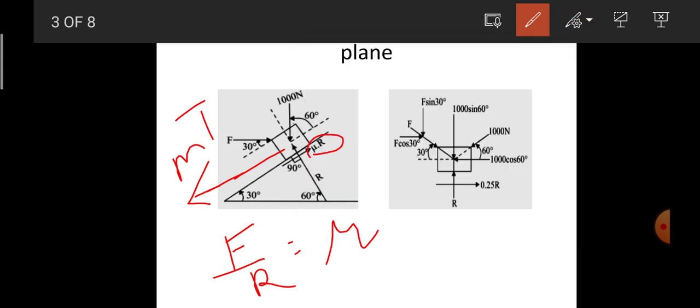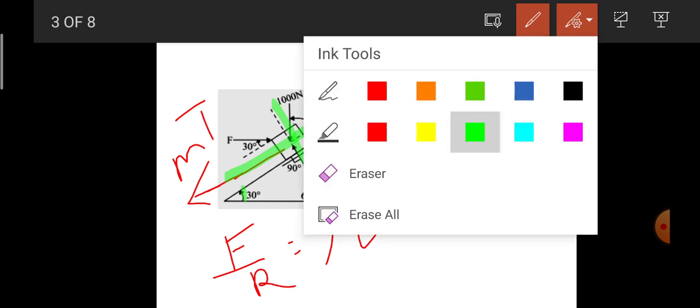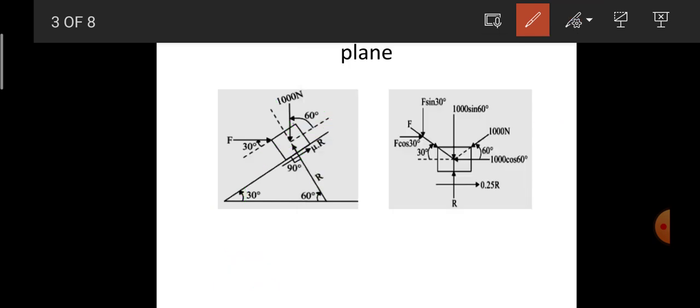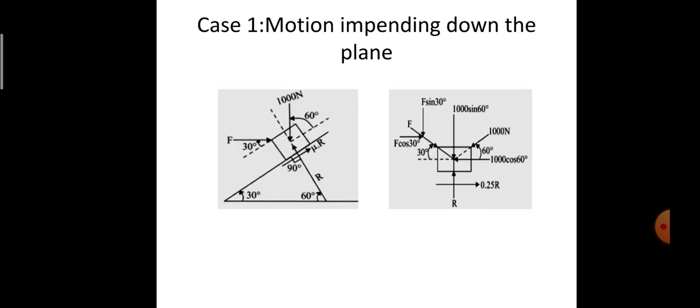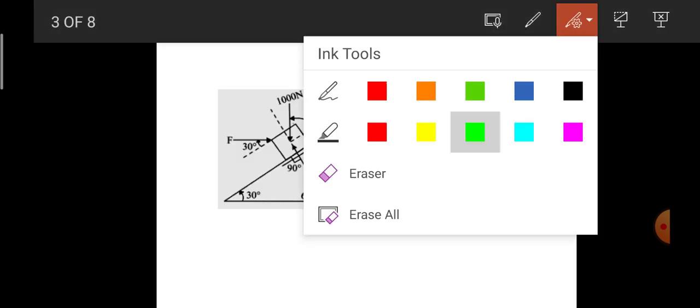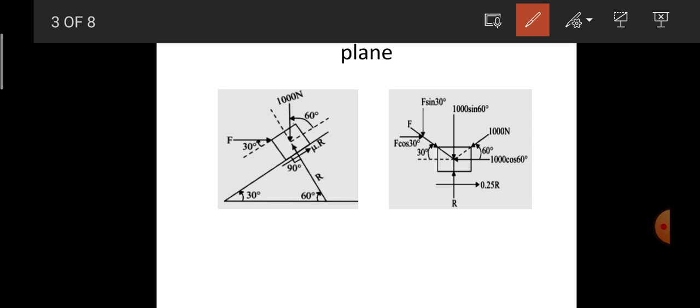I have drawn the x and y axes on the plane of the object. If this angle is 30 degrees, the object carrying the self weight of 1000 newtons will have an angle of 60 degrees.